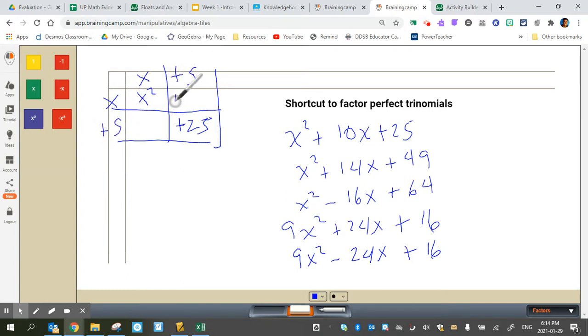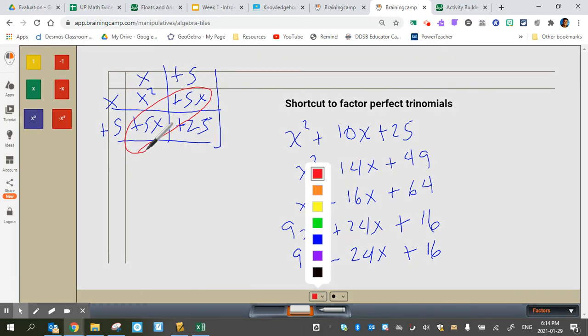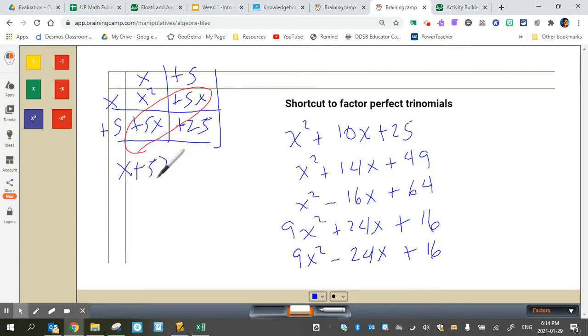So when I do these, I end up with a factorization that looks like this, which is perfectly consistent with what we've done. The diagonal works. So my factors in this case would be x plus 5 multiplied by x plus 5, which really is x plus 5 squared.